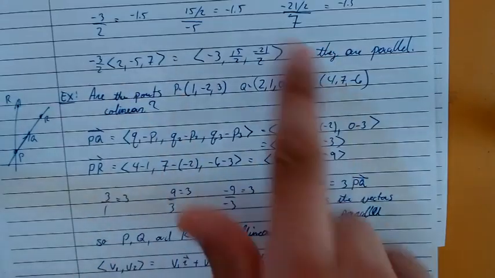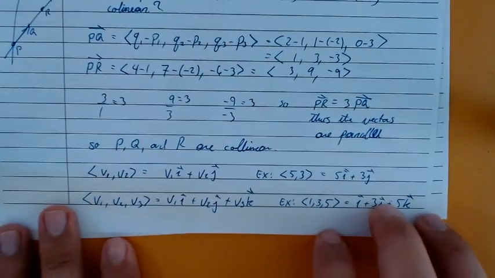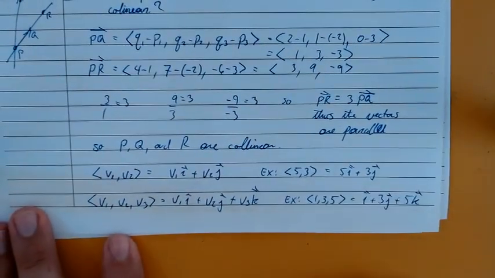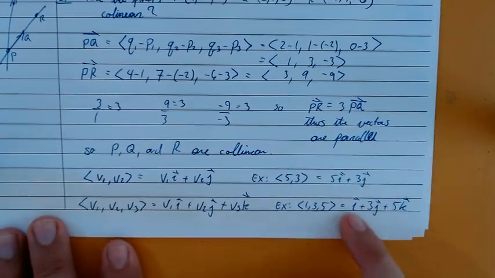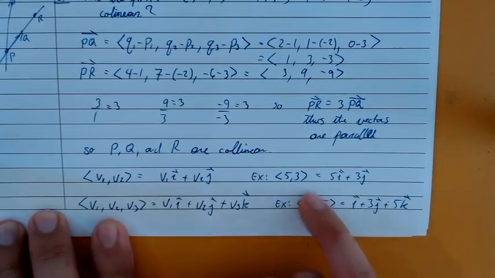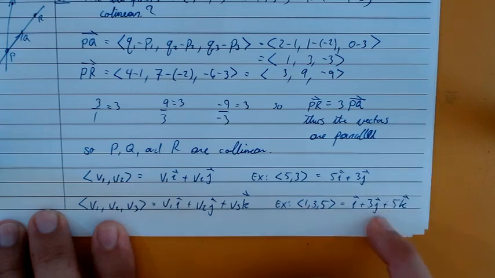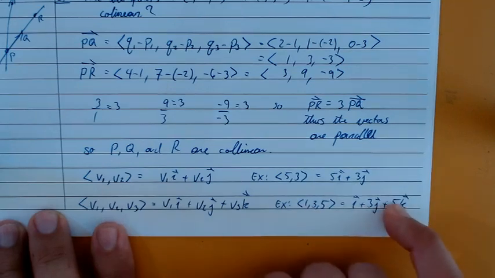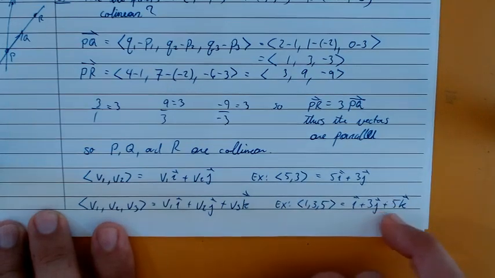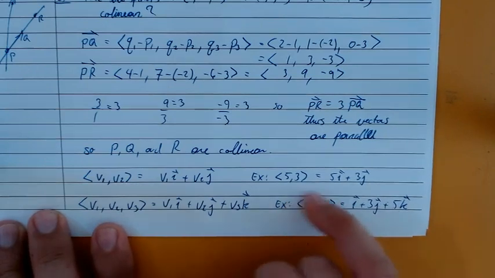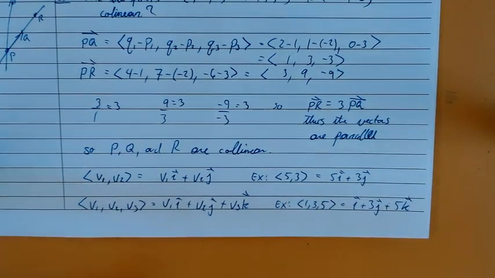So they share all the same properties. Some people are more comfortable with one or the other. So if you come from a physics background and you're familiar with these, you can always turn your component forms into this form where you're using the standard unit vectors, or vice versa. If you're more comfortable with these, you can always write these in component form. They are exactly the same.